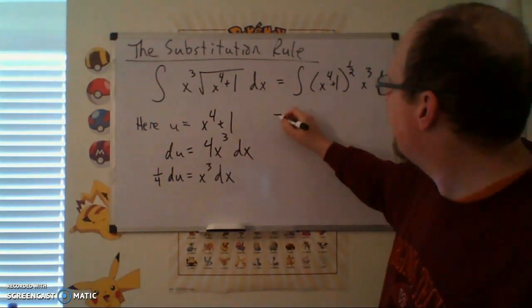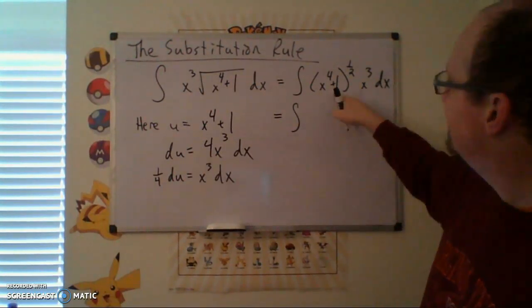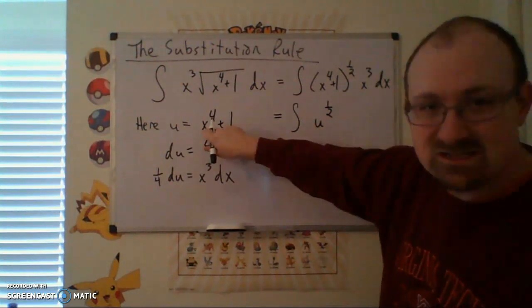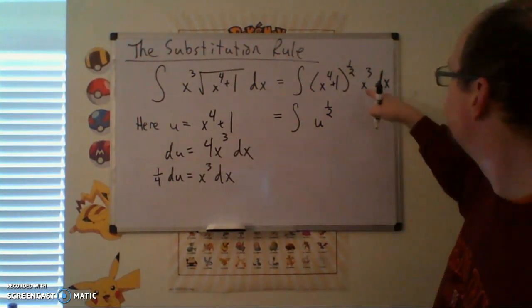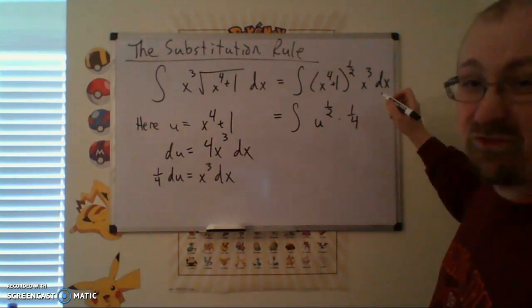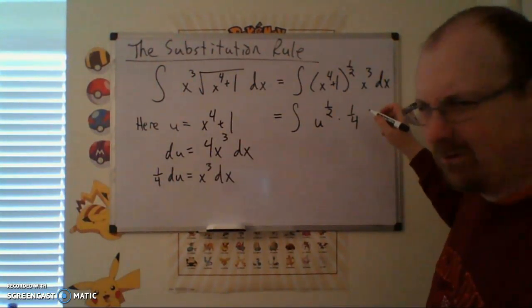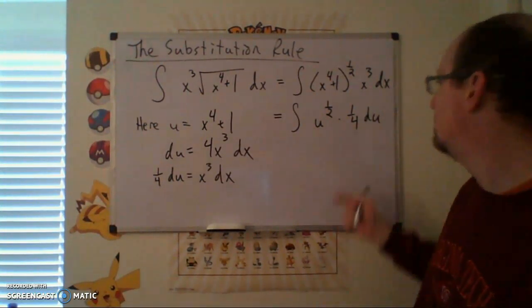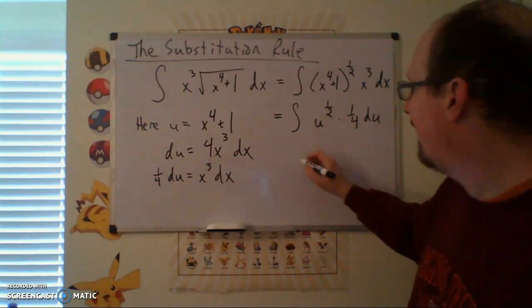Anyway, so now when I do the substitution, this bit becomes u to the 1/2, because that is precisely my u right there. This x to the third dx, I said 1/3, I don't know why, becomes 1/4 du. The 1/4 can get hauled out front.